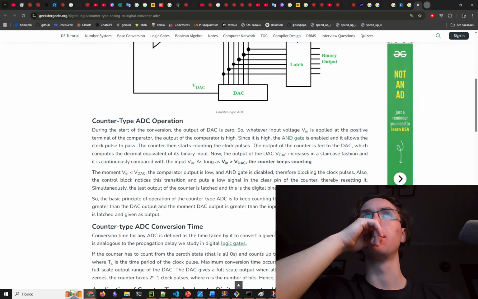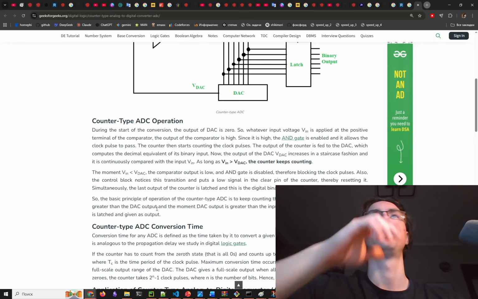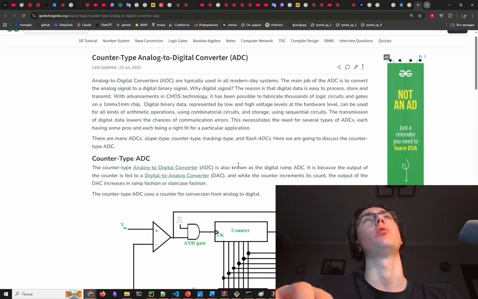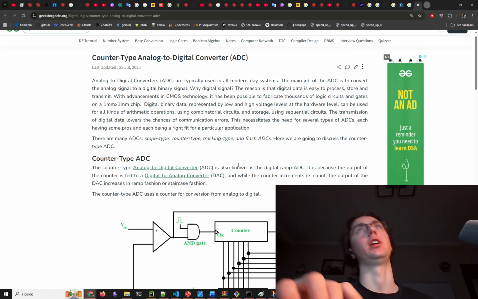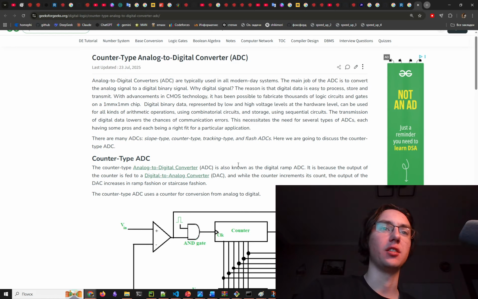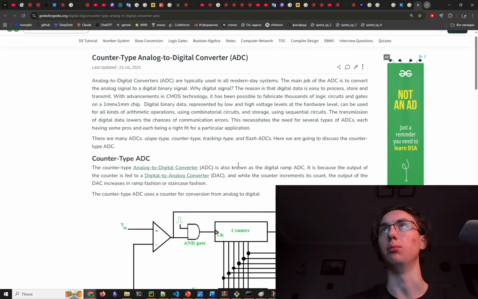Display the positive. The output of the comparator is high. By the way, what does the comparator do? Does the comparator output the value that is maximum between both?